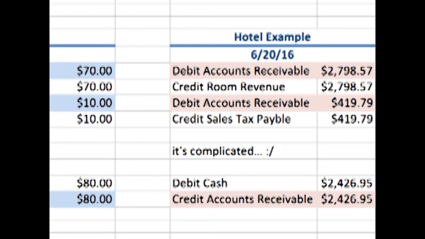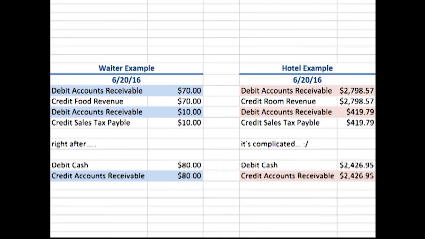There's a reason why, in the first set of journal entries where the bill is given, this amount here is different from the payments. They're both on the same date, June 20th, but even though in the restaurant example the amounts are the same, at the Ramada they're not. And it's because the time sequence of hotels is a lot different from restaurants.